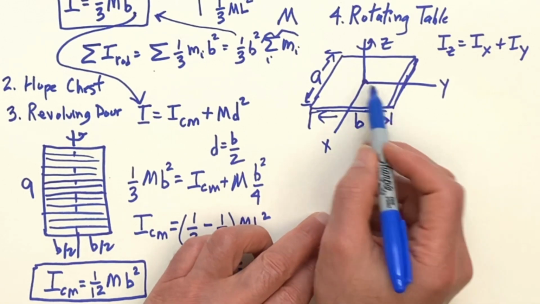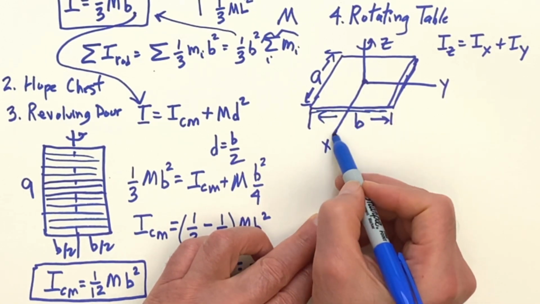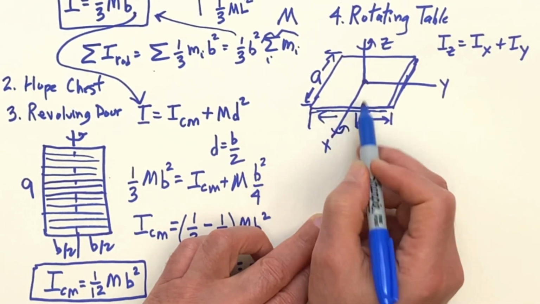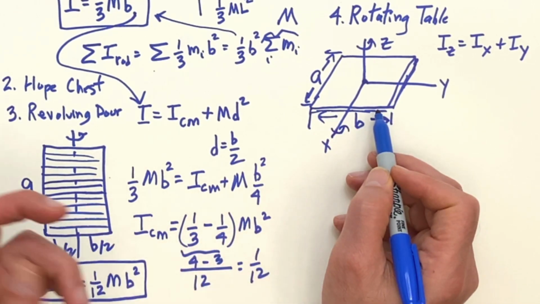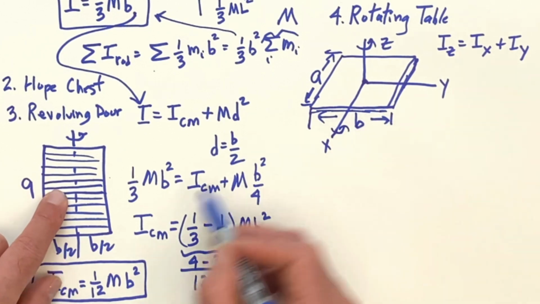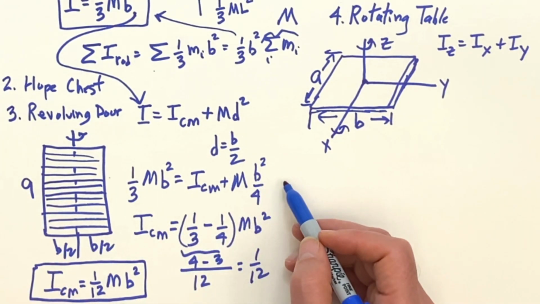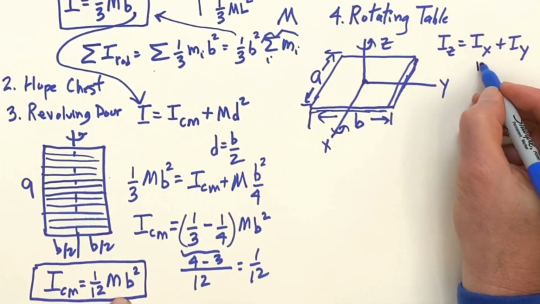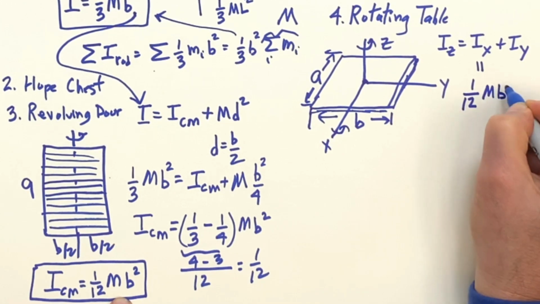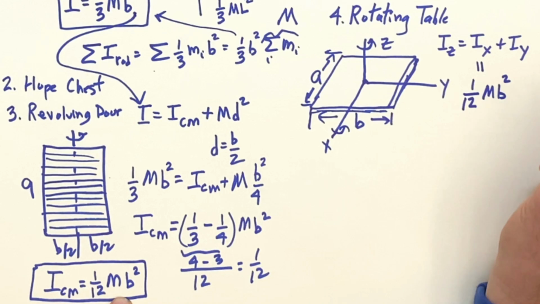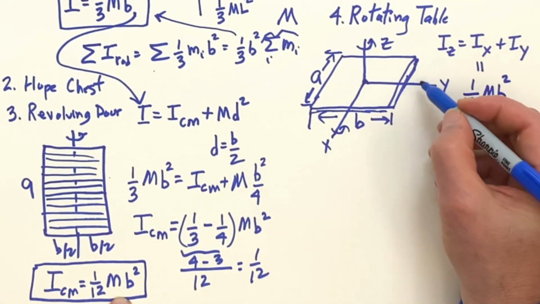Well, Ix, that's going around the x-axis. So that's b over 2 out to the side. That's the one that we did here, and we have that answer here. So this is going to be 1/12 mb squared. Now, what about going around the y-axis?